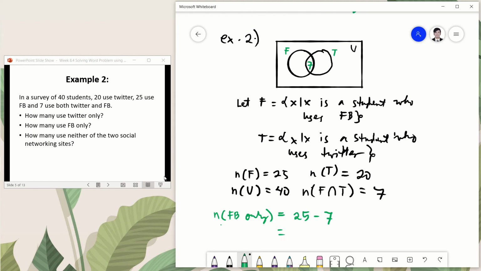So that's 25 minus 7, meaning you will not count those who have both FB and Twitter, to get the number of students who have FB only. And that's 25 minus 7, which results in 18. So you put an 18 in here now.